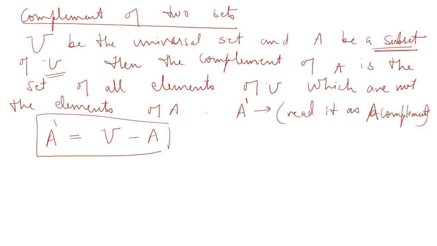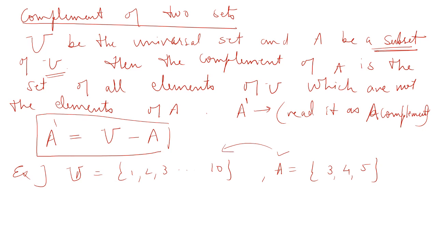Now, for example, if I consider U is equal to 1, 2, 3 up to 10 and A is equal to 3, 4, 5. See here, I told you the set A should be a subset of U. Now what is A complement?